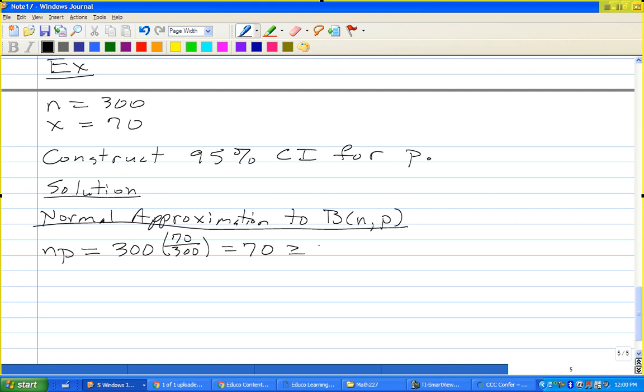And well, that's greater than 5. Let's calculate nq. Again, I have n, but I don't have q. I can use the sample proportion of failures. If I have 70 successes, I have 230 failures out of the 300.